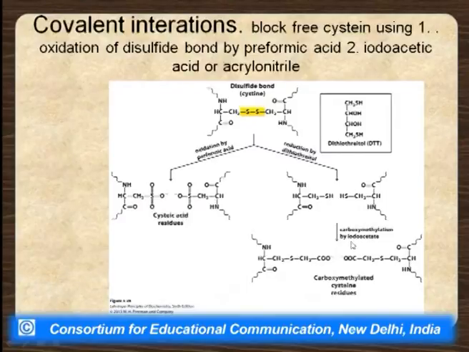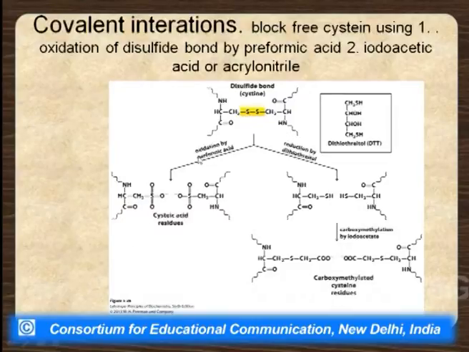This can now be fixed with a carboxymethylation by an iodoacetate, and this will form a little more stable group which is blocked, and it will not further form any disulfide bonds. Remember, these bonds are reversible, the reduction and oxidation step can occur and the bond can be formed again.